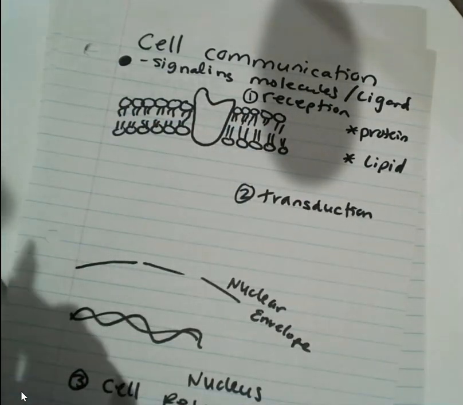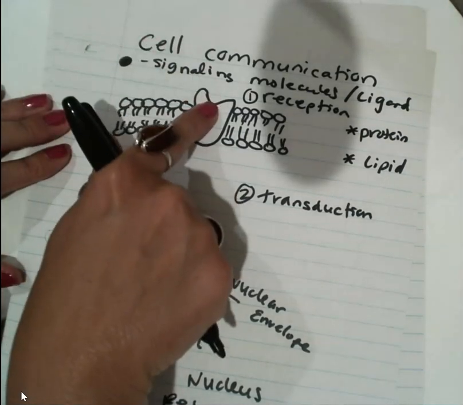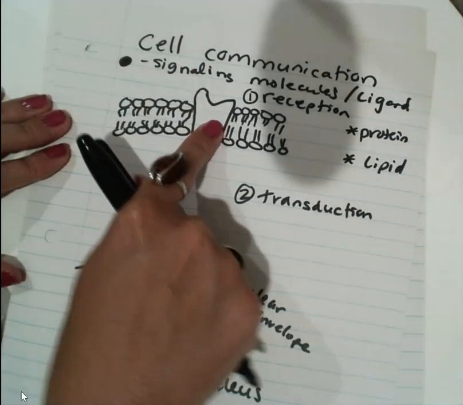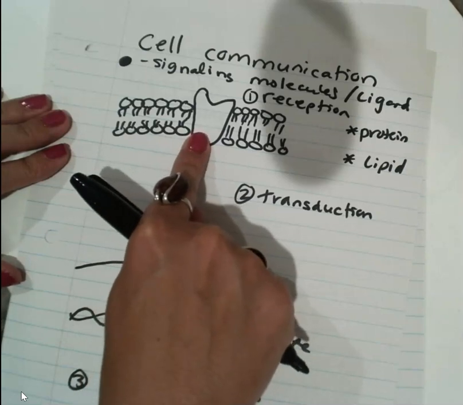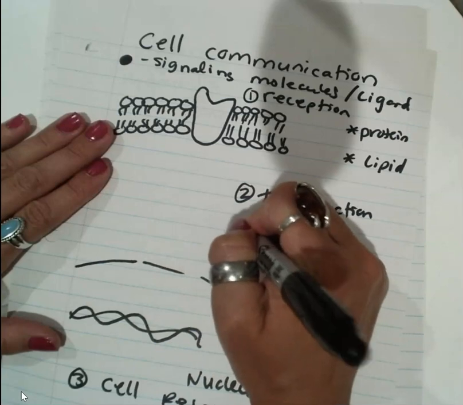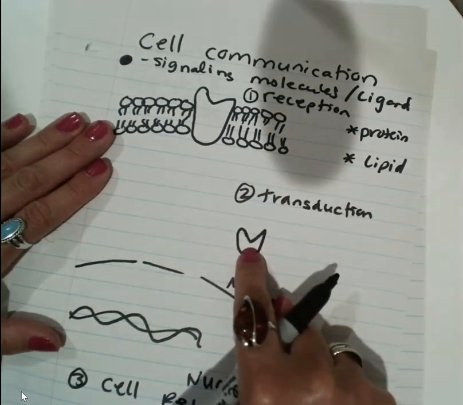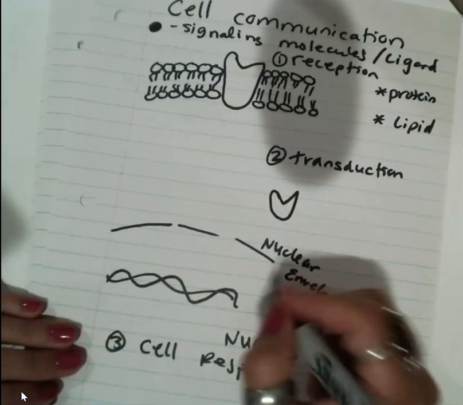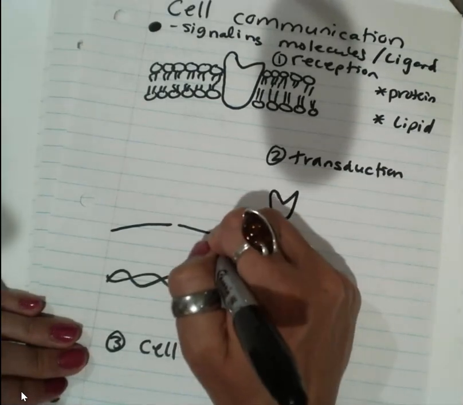So when we talk about ligands attaching to receptors, we have 2 kinds of receptors. You can have a protein receptor located within the cell membrane, or the receptor can be within the cell, like the cytoplasm, or even within the nucleus.